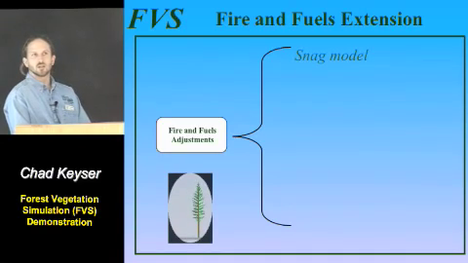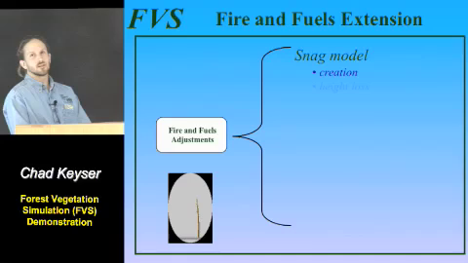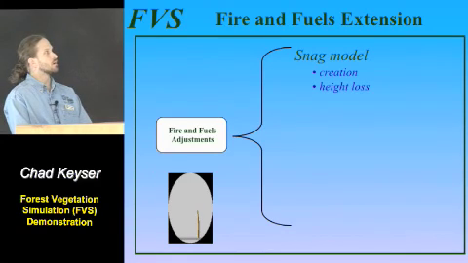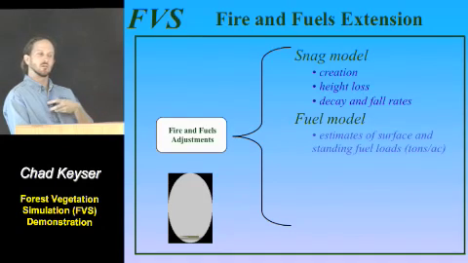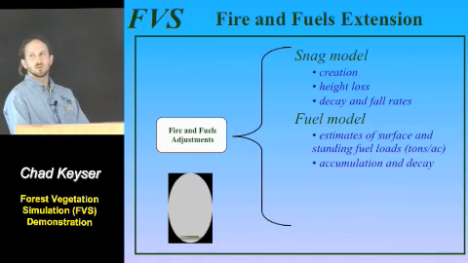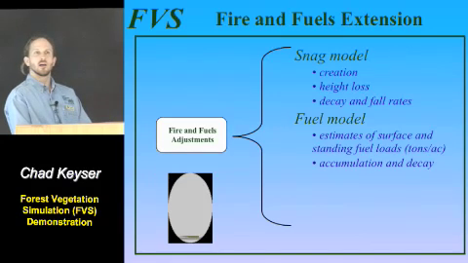Okay, let's switch over to the fire and fuels extension and talk about it. In terms of the snag model, during an FVS simulation, trees are going to die, or you could put in instructions to kill trees if you want. And those trees, once they're dead, they go into the snag model, where height loss as well as decay of those snags is modeled, and ultimately fall rate, the fall down of those snags, is going to be simulated.